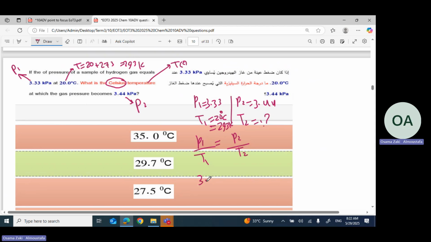P1, 3.33, over T1, 293, equals P2, 3.44, over T2. So you can find this temperature using your calculator. But this temperature will be in Kelvin, and it should be in Celsius. So the last step is to subtract 273 to get the answer in Celsius.